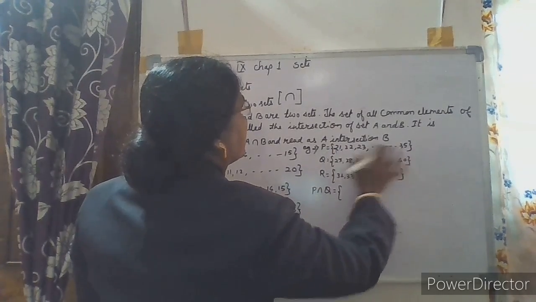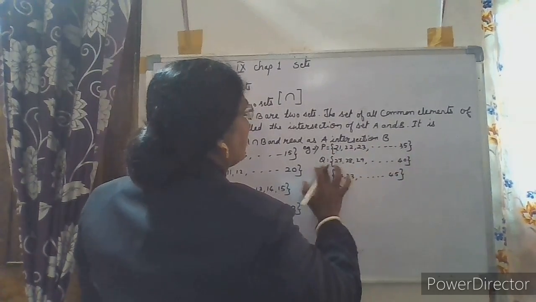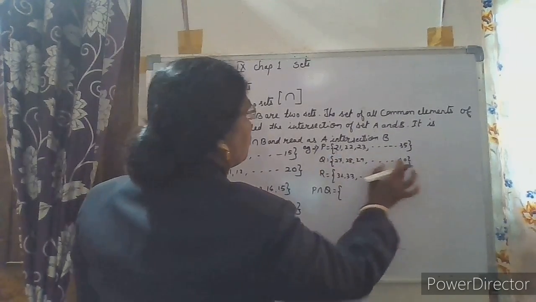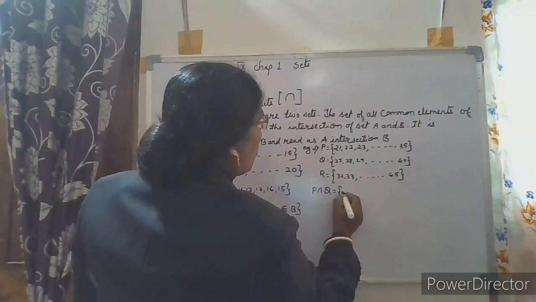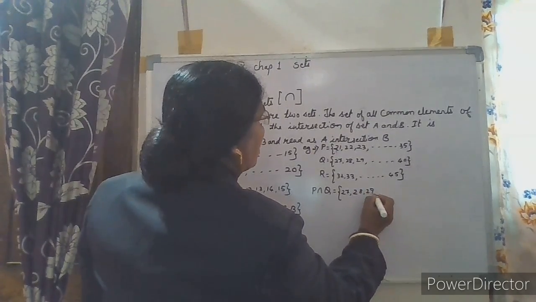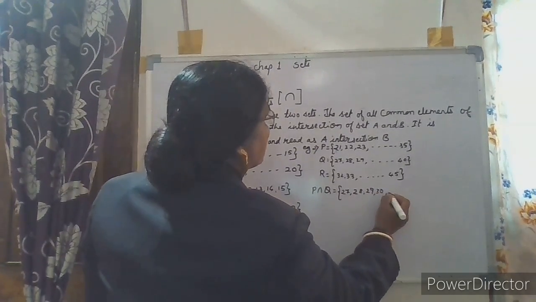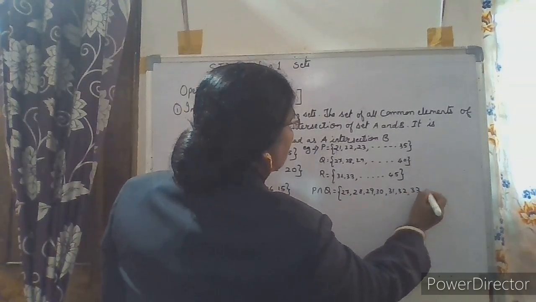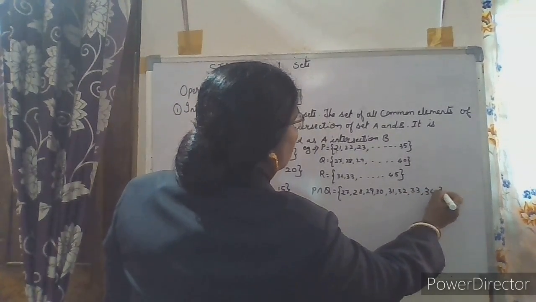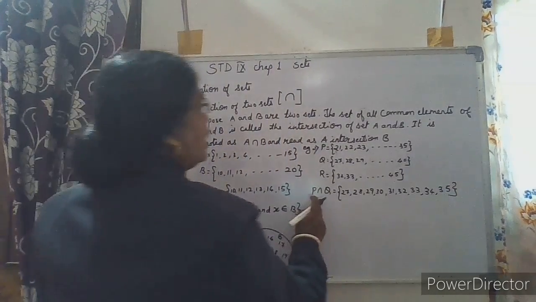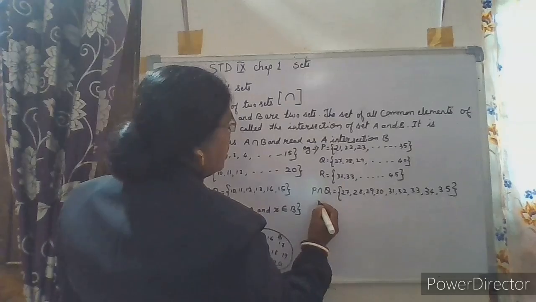P is containing the elements as 21 to 35. Q is containing the elements as 27 to 40. So, common elements 27, 28, 29, 30, 31, 32, 33, 34, 35. These are the common elements of P intersection Q.